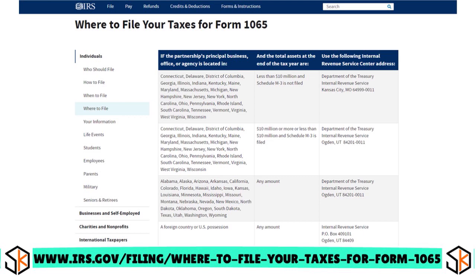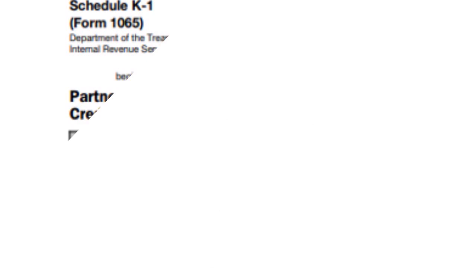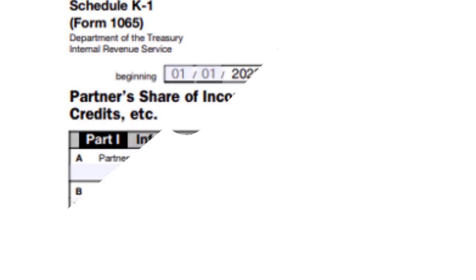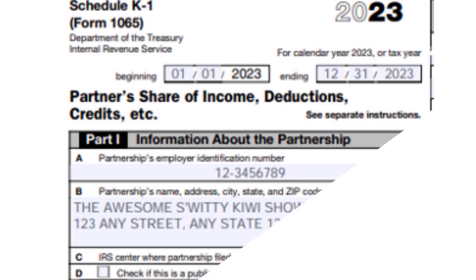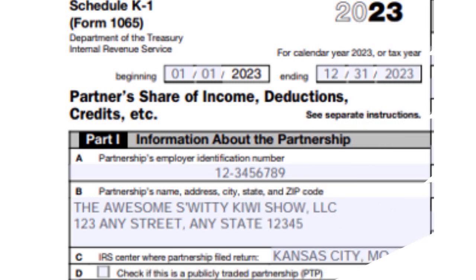In our case, if I were to go back real quick to Part 1 of our Schedule K-1, you can see in Part 1, Section C, I put here IRS Center where the partnership filed the return, Kansas City, Missouri. If you go back to this form, it's because our partnership has less than $10 million and Schedule M3 is not filed when we file the Schedule K-1.